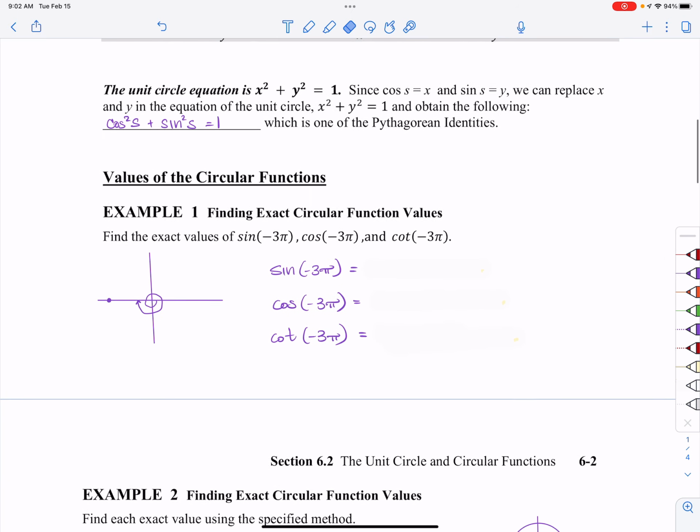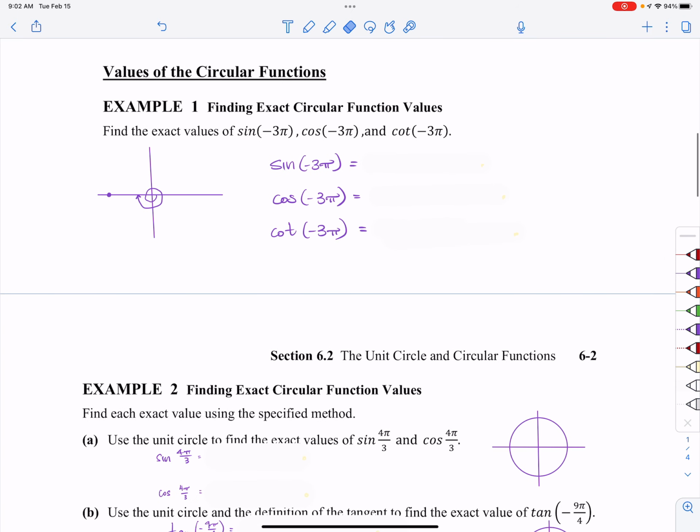All right, let's talk about some values of circular functions. A couple things to point out here is that finding exact, that word exact, is important. This means that you're not going to be using the calculator on this. You will more than likely be using the unit circle, but no calculators whenever it says find the exact value.